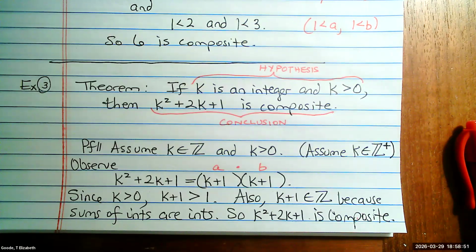It's where we got all these definitions. An integer n greater than or equal to 2 is composite if there exist integers a and b such that n equals a times b and 1 is less than a and 1 is less than b. And these parts don't have to appear in this order in your proof.